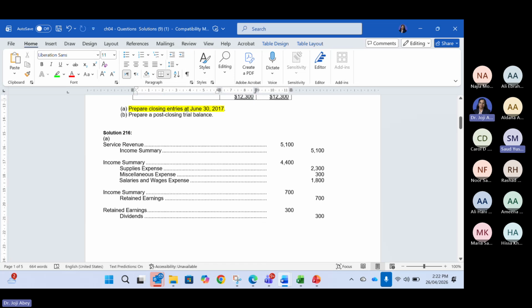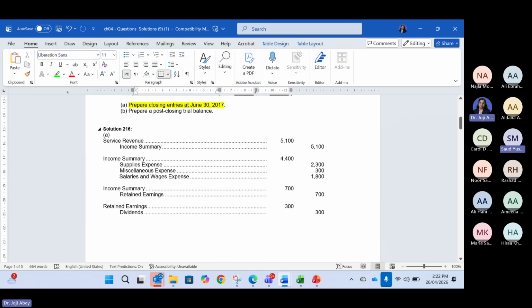So how are you able to find it? When you are closing the account, how do you get this amount? Your income minus your expense. Your income is 5,100 minus 4,400. You will get 700 as your retained earnings.